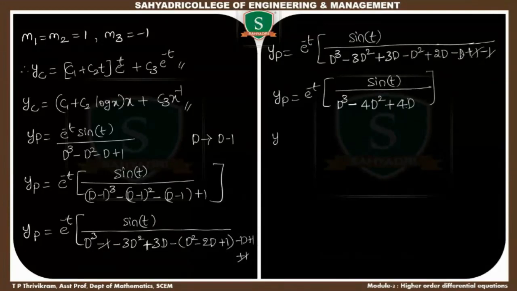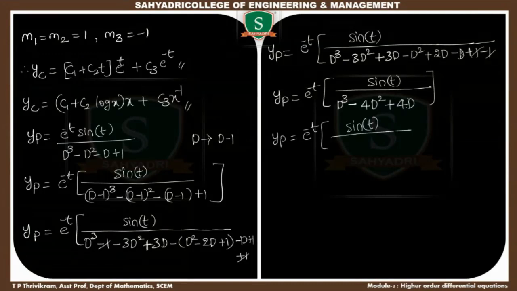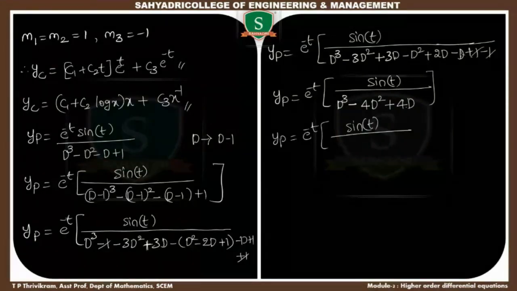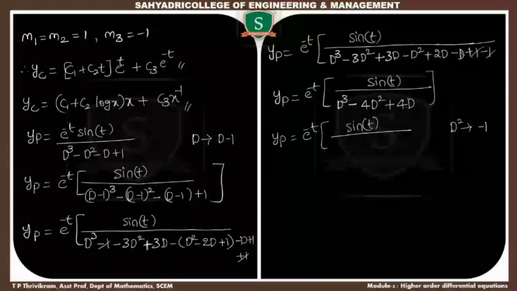So yp is equal to e power minus t into sin t divided by, here d square must be replaced with minus 1 square. So you'll get minus 1. So I'll get minus d, minus of minus will get plus 4, plus 4d.